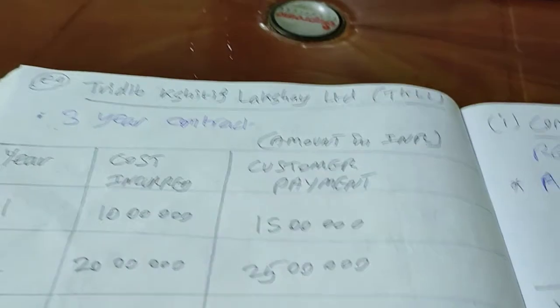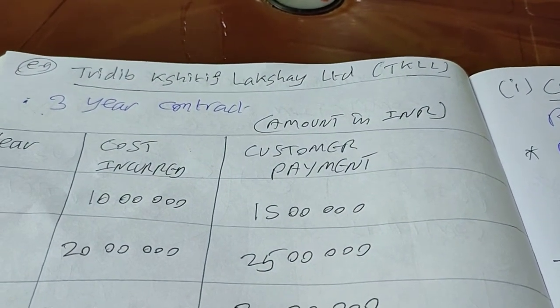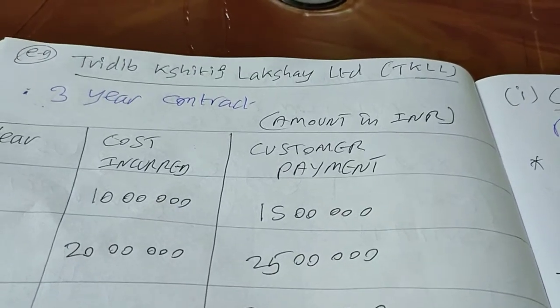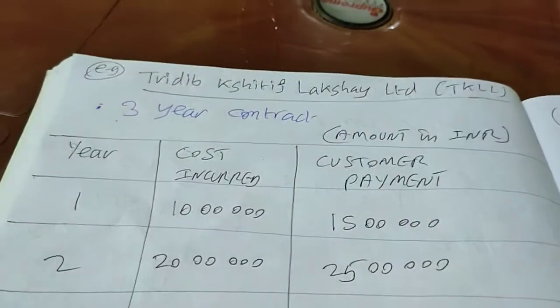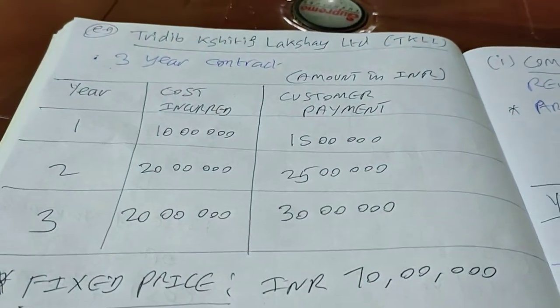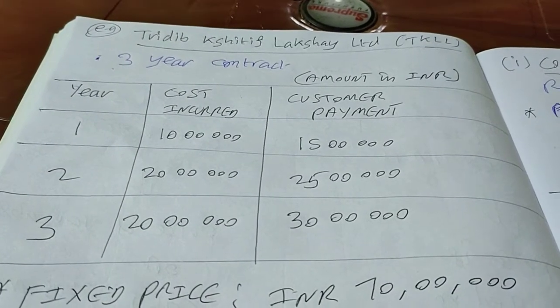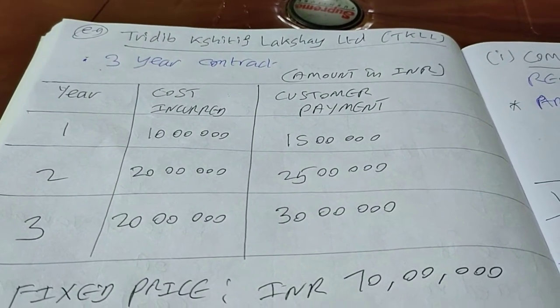Okay, so let me give you some example so that you understand what I talk about. Let's take a hypothetical firm, namely Tridib Kshitij Lakshay Limited, TKLL. They have entered into a 3-year contract with a customer, and all the amounts are given in INR, Indian National Rupee. So the life of the contract is 3 years, year 1, year 2, year 3.